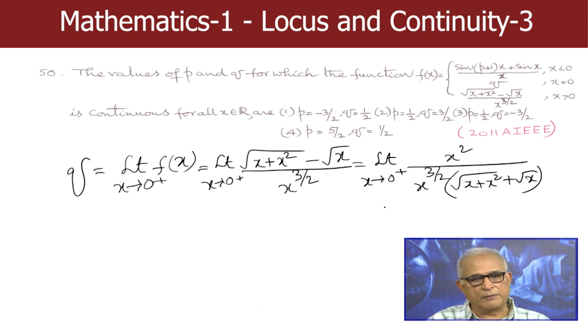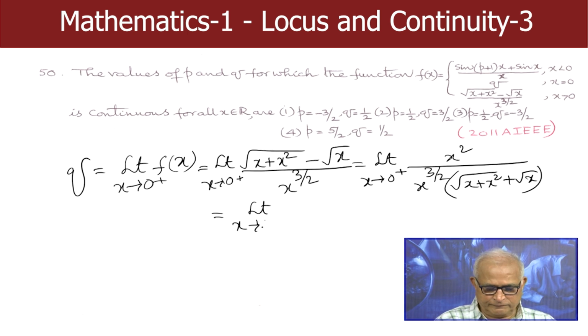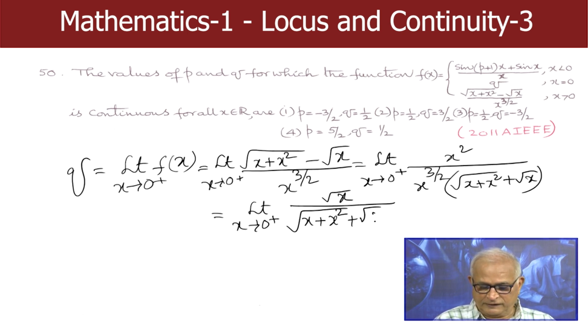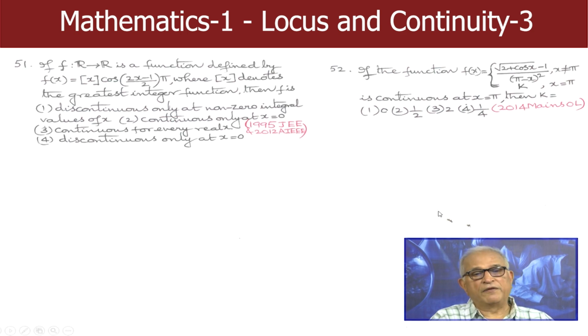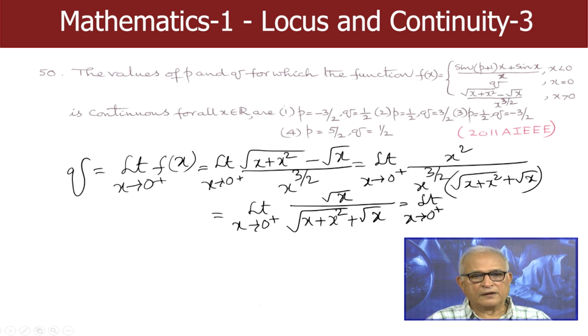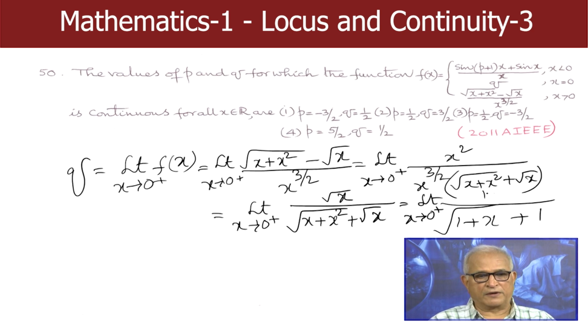What is x square by x power 3 by 2? Root x. So, limit x tends to 0 plus of root x by (root of (x plus x square) plus root x). So, to remove the indeterminate form, let us divide every term by root x. That gives 1 by (root of (1 plus x) plus 1). Root x by root x is 1, and inside the root, each term x plus x square is divided by x, giving 1 plus x.